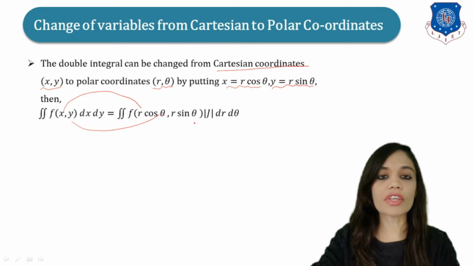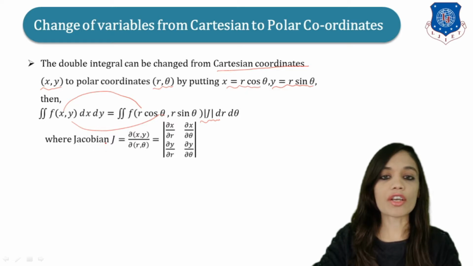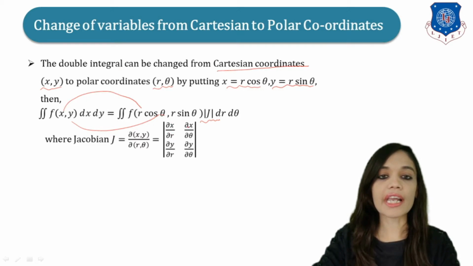Whenever we change the variables, we have to find the Jacobian, where our Jacobian J is equal to del of x, y upon del of r, theta, which can be written as the determinant of del x by del r, del x by del theta, del y by del r, del y by del theta. Now let us find the Jacobian.